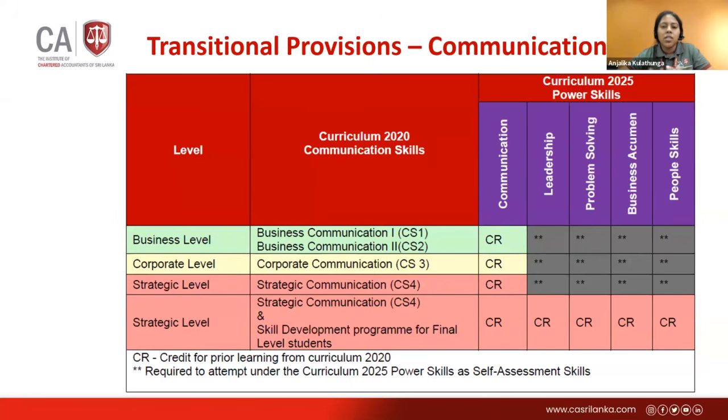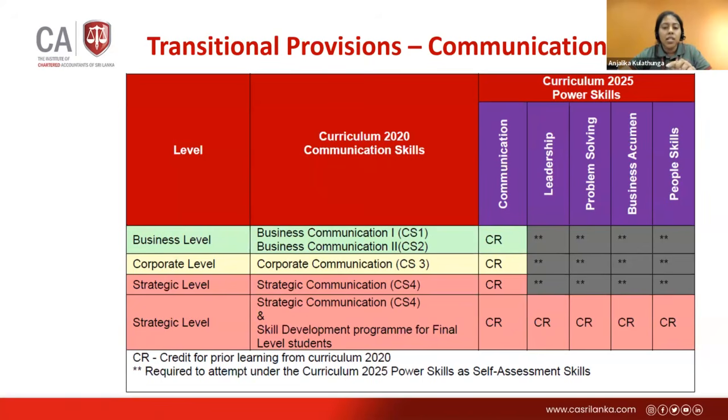It shows the exemptions we are giving for the communication skills courses you have completed. Those at business level who have completed CS1 and CS2 are exempted from the communication skills module under power skills. That is the only exemption.